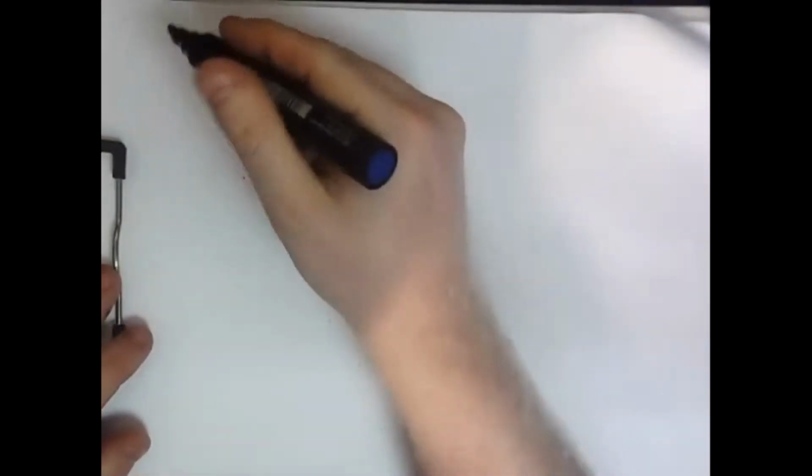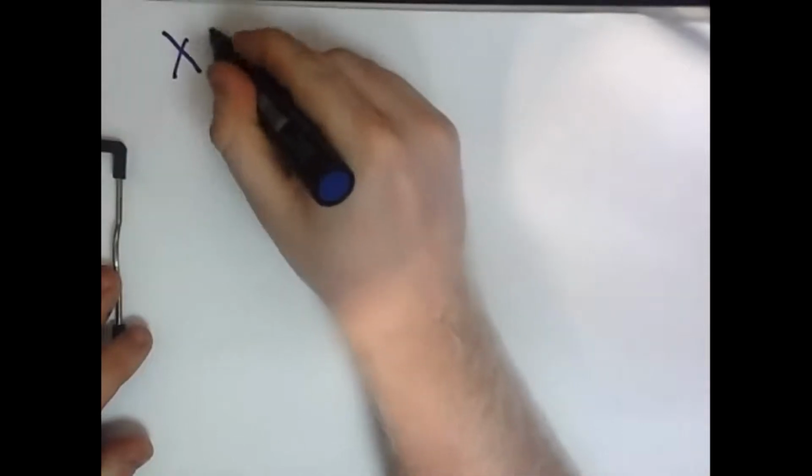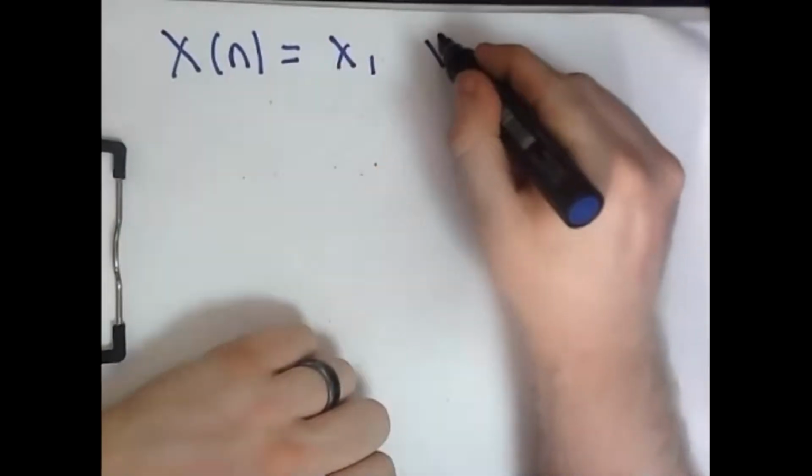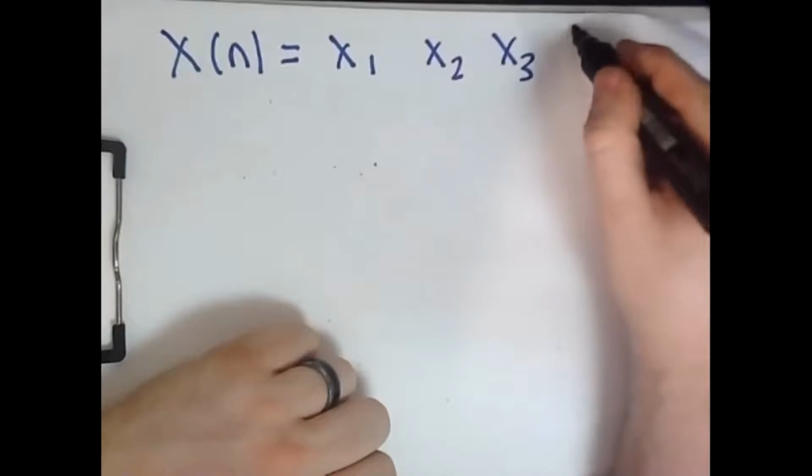Okay, perfect. Now our example is we have x[n] equal to, for example, x0, x1, x2, and x3.